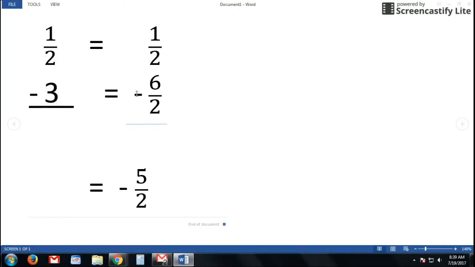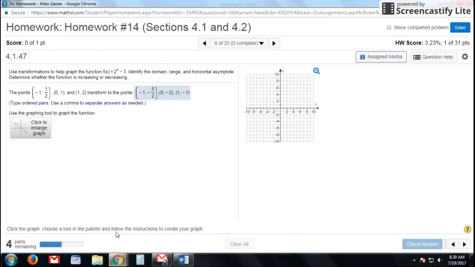So if we subtract 6 over 2, that's the same as subtracting 3. 1/2 minus 6/2 gives me negative 5/2. So the new y value that I need is negative 5/2. And these would be our ordered pairs.